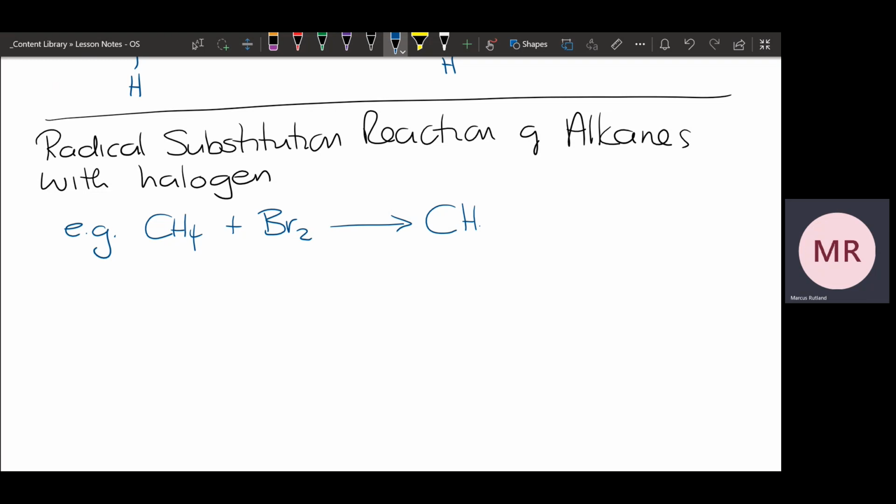You will get a swapped hydrogen, and then the hydrogen you've knocked off picks up the other halogen atom, so you get the hydrogen halide like that. And you'd be expected to point out that this requires UV light, and typically high frequency UV light, in order to provide the energy needed to smash that bond. So that's the overall reaction.